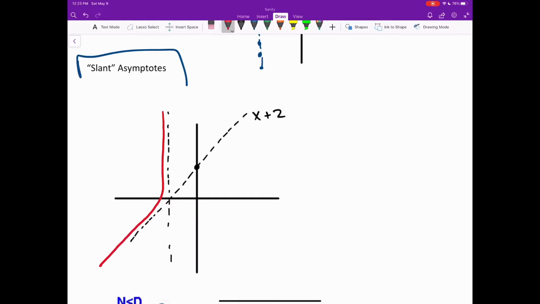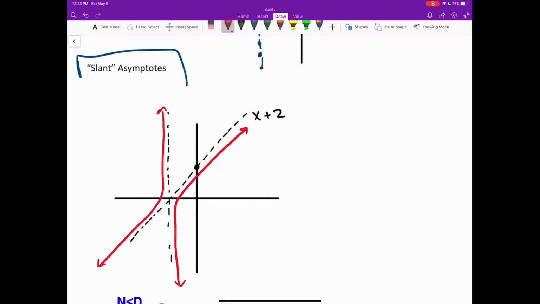On the other side, maybe it's got this vertical asymptote, and then it starts following that slant here, all right? So these are slant asymptotes. I'm planning next week we'll do some long division to find these slant asymptotes. But for right now, I want you to identify when a function would have a slant asymptote.